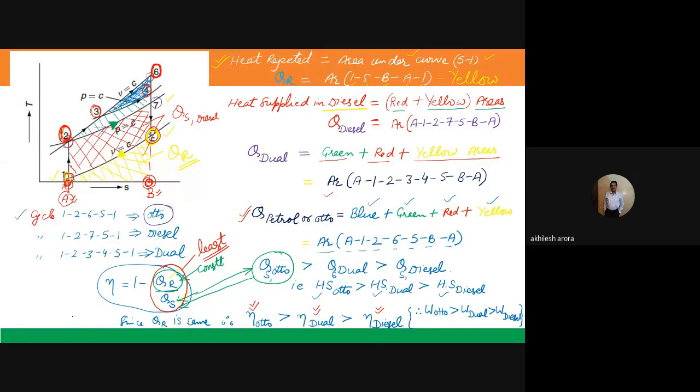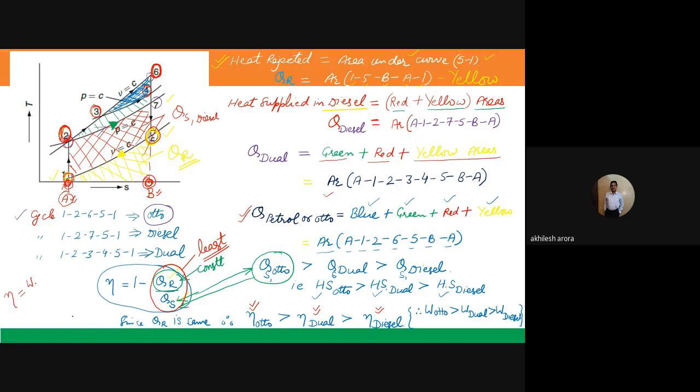And once this is clear to you, you should also understand that work will be maximum for the cycle for which the efficiency is the maximum. I know that efficiency is given by W, the work which I am getting as output, divided by the heat supplied.